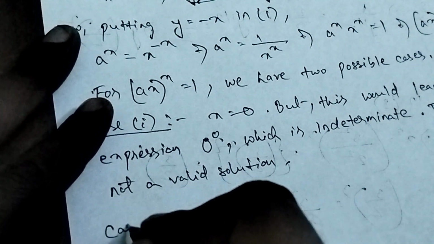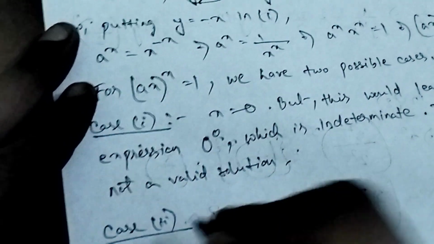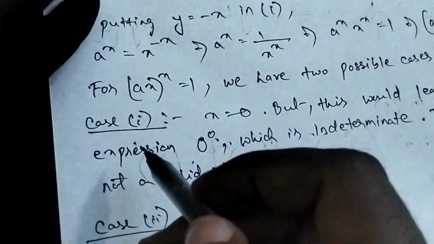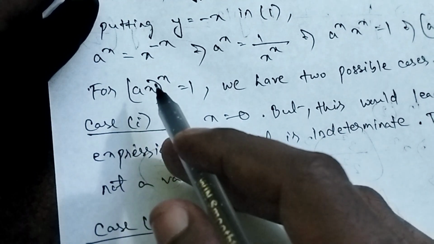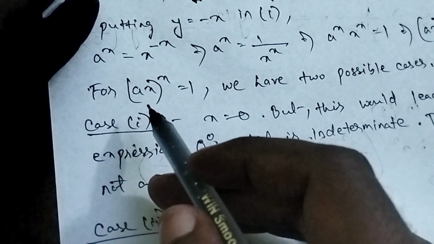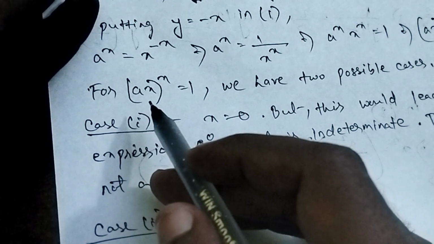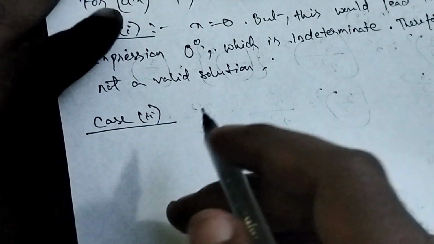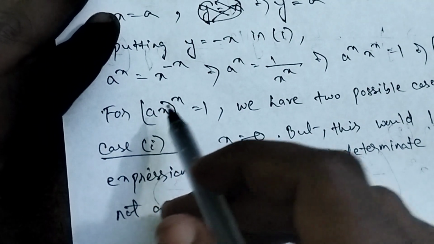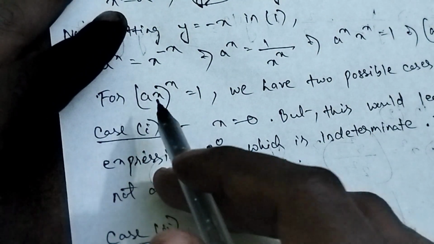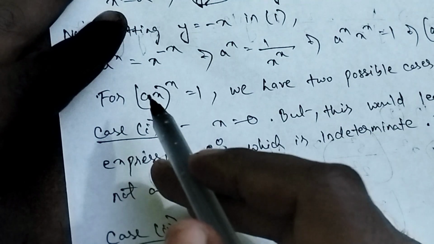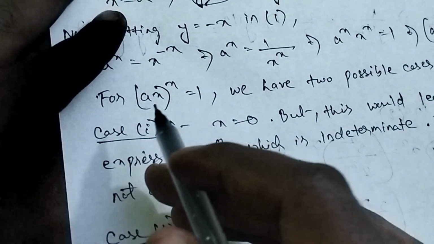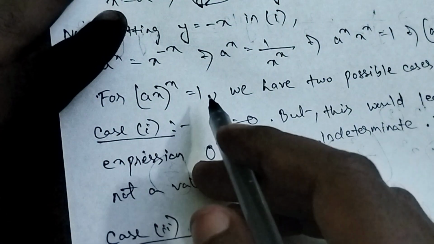Now another case can also arise. If x is 1, then it would become a into 1 to the power 1, okay. Not only x is 1, if ax is 1, suppose the value of ax itself is 1, then 1 to the power x is 1 only, okay.